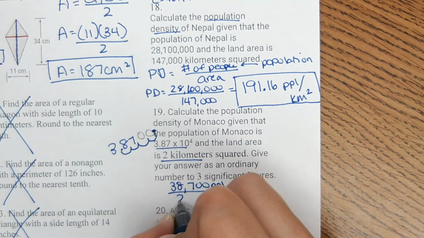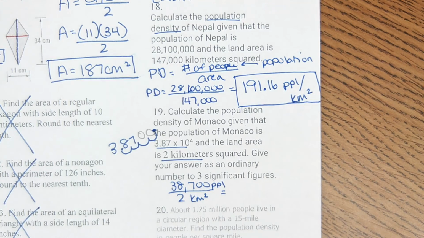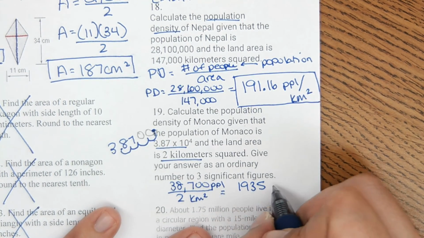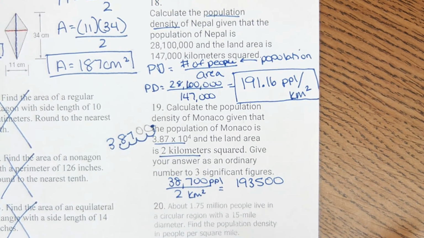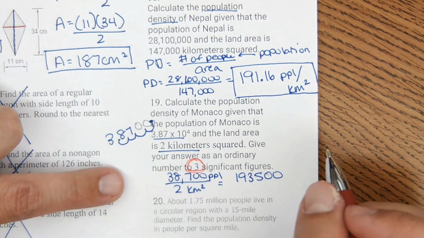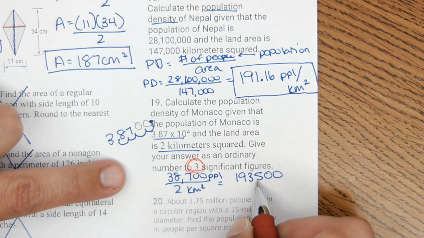38,700 people divided by 2 kilometers squared, the area. And it comes out to this number, 193,500. Then in the problem, it says 3 significant figures. What that means is it needs 3 digits of value, and then the rest fill in with zeros.